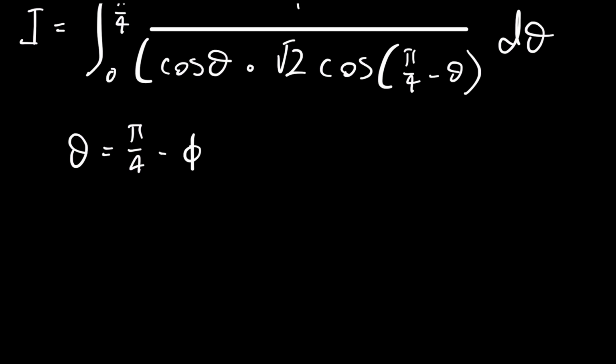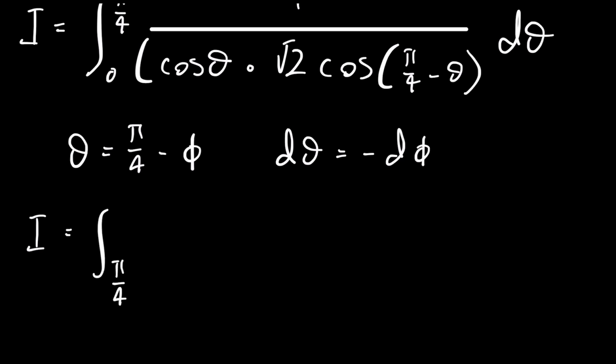So if we do this, we get d theta equals minus d phi, which won't end up mattering because we can swap the limits back. So we have I equals from pi over 4 to pi over 8, and we might as well just change this now because of the minus in the d theta, or other way around.